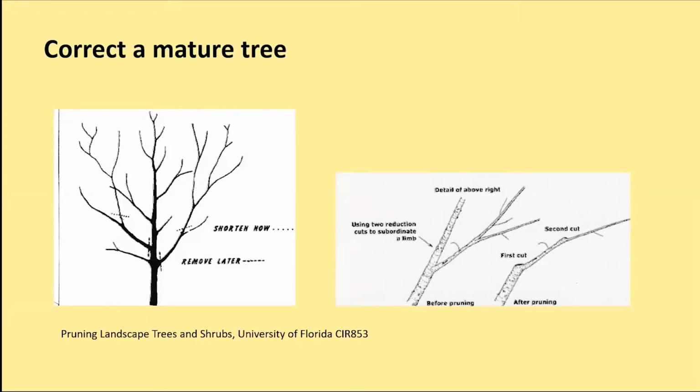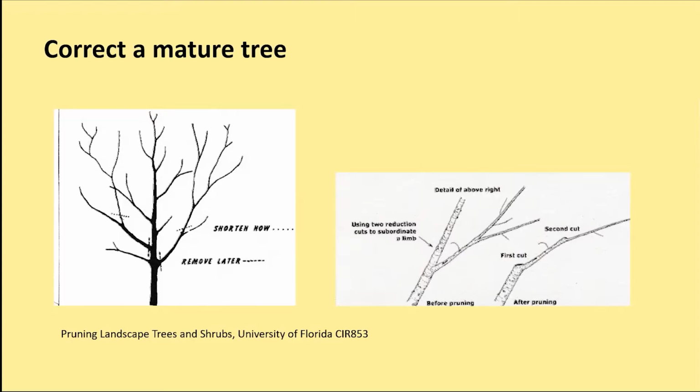Before pruning, we have the side branch and then another branch which forms a third branch off of it. If we're going to practice a reduction cut, we could cut the branch that's more upright, where it says first cut. Now we end up with a much shorter branch that is outward facing and not competing with the center anymore.